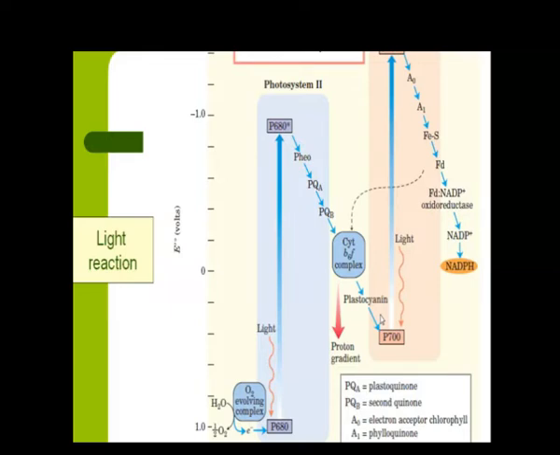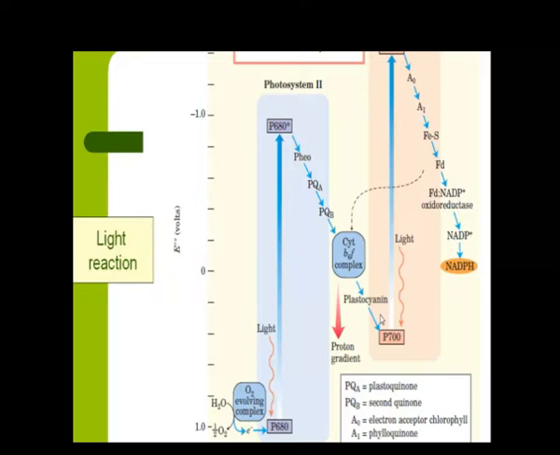Of both the photosystems, which one receives light first? First P700 is excited. To neutralize that P700, plastocyanin donates its electrons to P700. P680 now is deficient in electrons. To neutralize P680, water splits. This reaction is continuous; nowhere is it stopping.